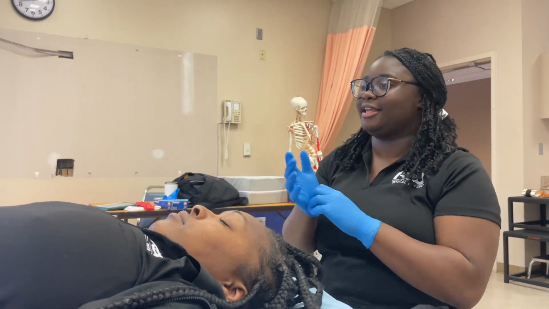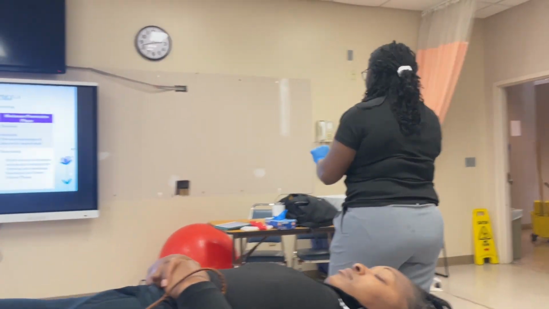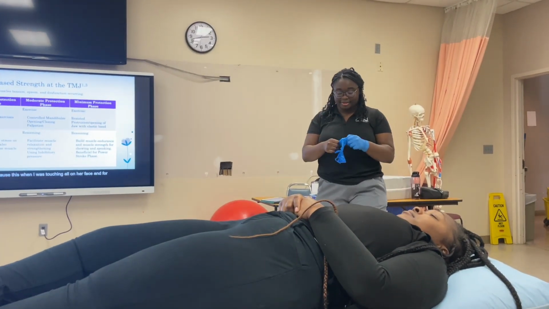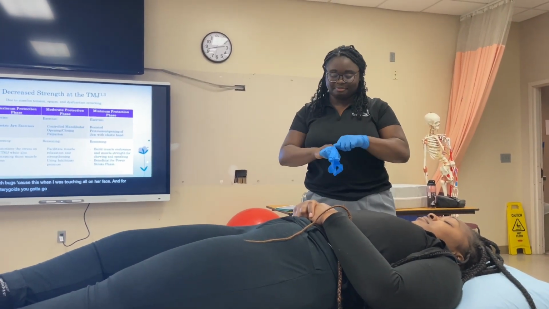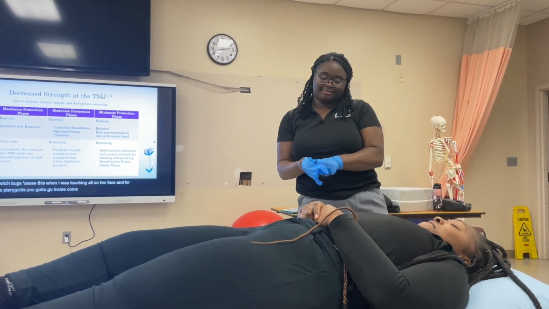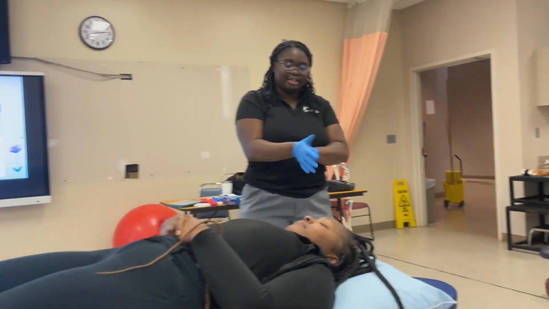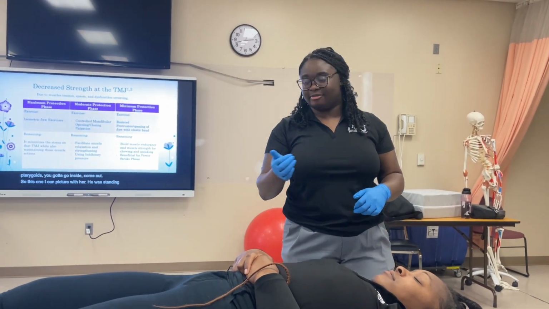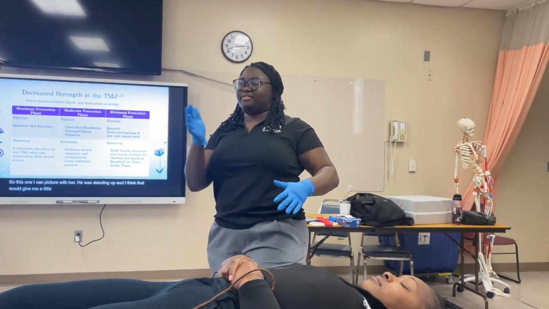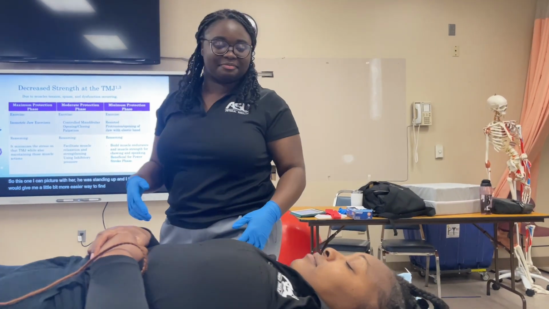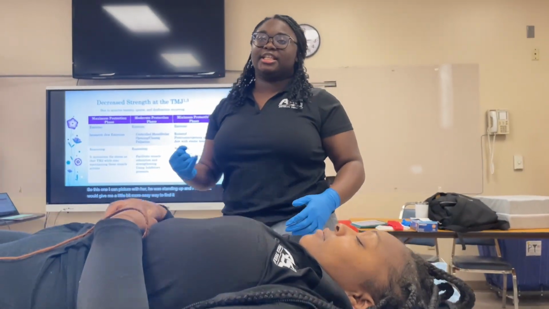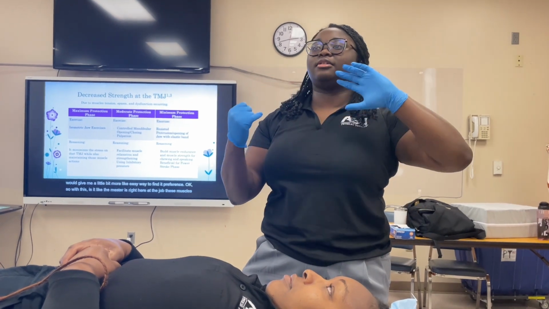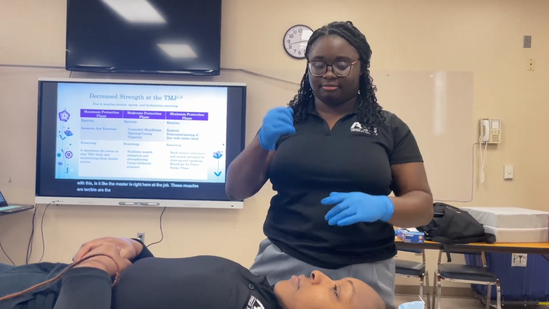And then I'm gonna switch gloves, because I was touching all over her face, and for the pterygoid you have to go inside. I saw a picture with him standing up, and I think that'll give me an easier way to find it. The masseter is right here at the jaw, and the pterygoids are the inside version.